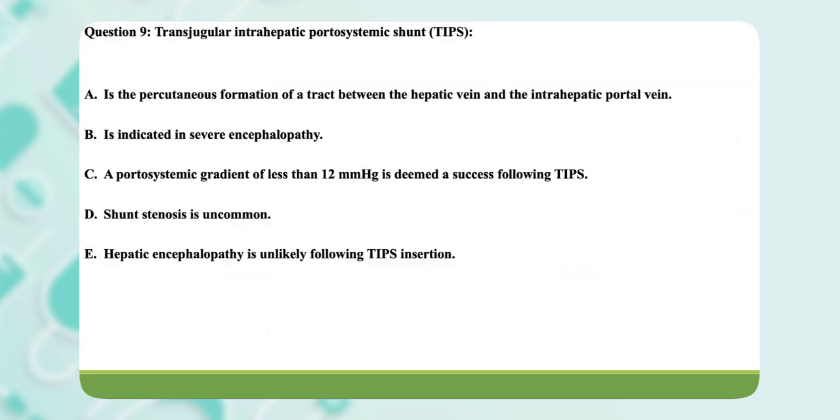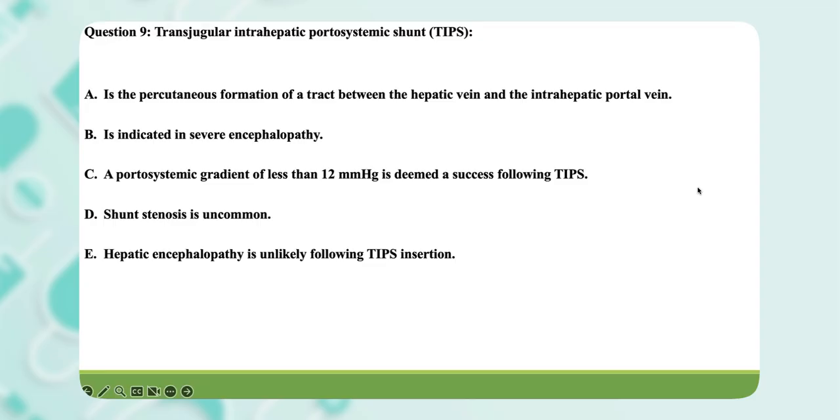Now coming to the transjugular intrahepatic portosystemic shunt, TIPS. So TIPS is a percutaneous formation of a tract between the hepatic vein and the intrahepatic portal vein, and is indicated in severe encephalopathy. Portosystemic gradient less than 12 mm is deemed a success following TIPS.